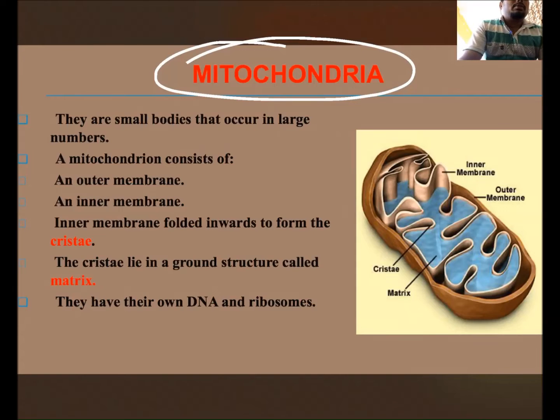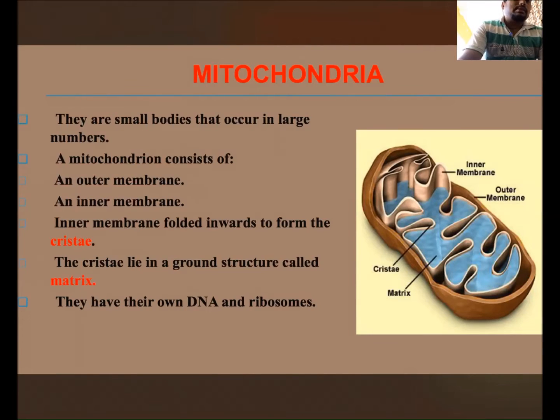Mitochondria. Mitochondria is one of the important cell organelles in the cell, present in the cytoplasm of the cell, and these are small bodies, and they are present in the cell in huge numbers. Each mitochondrion consists of two membranes, outer membrane and inner membrane.